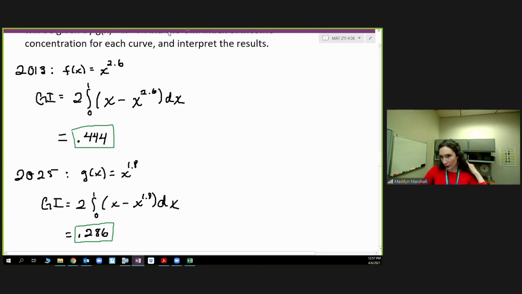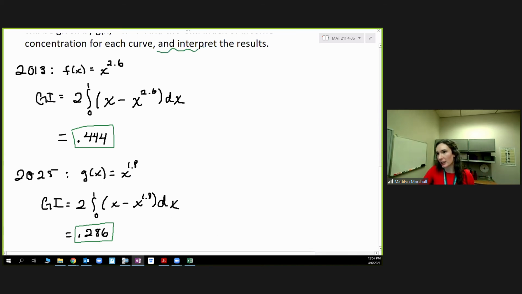So the last question here is, and interpret the results. So really that's asking, what does this tell us about this country? In 2013, the Gini index is 0.444, and the prediction is that in 2025, it'll be 0.286. So what does that tell us?